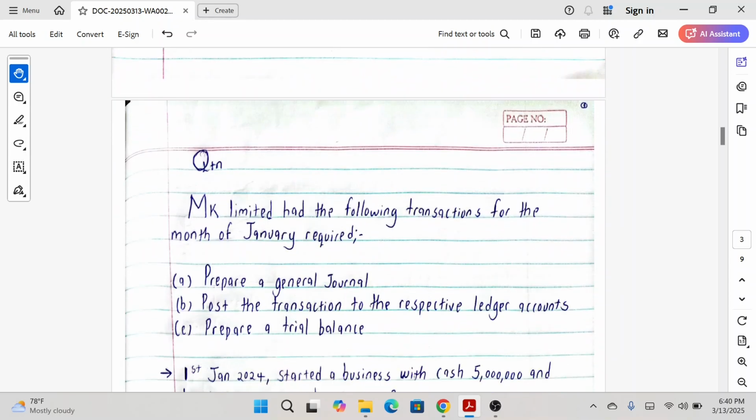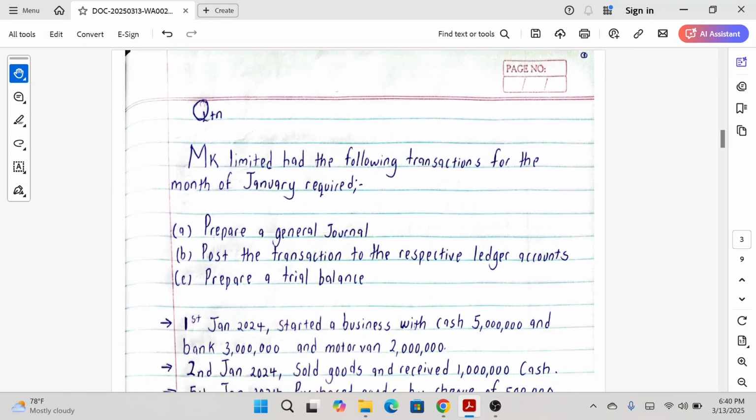Having known that, I have a question for you, which we are going to fill in together so that you understand more on how to post to the ledgers. It says MK Limited had the following transactions for the month of January. Required: prepare a general journal, post the transactions to the respective ledger accounts, then prepare a trial balance.